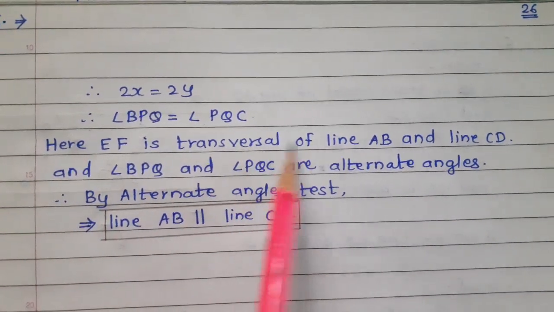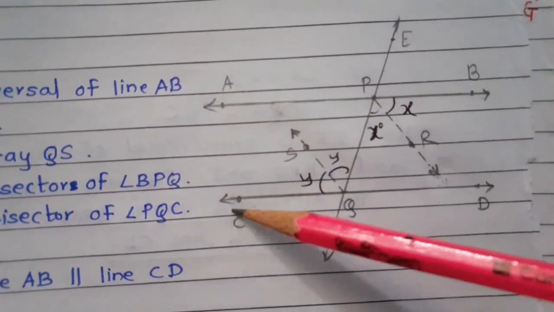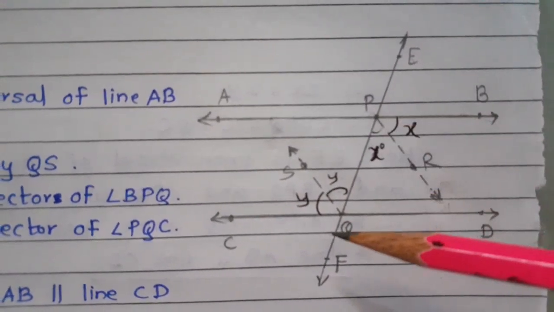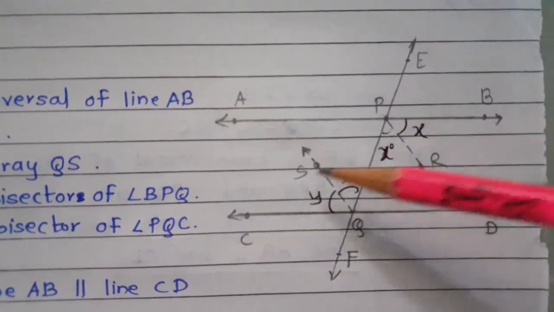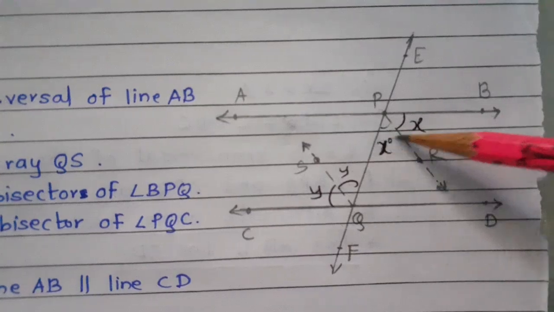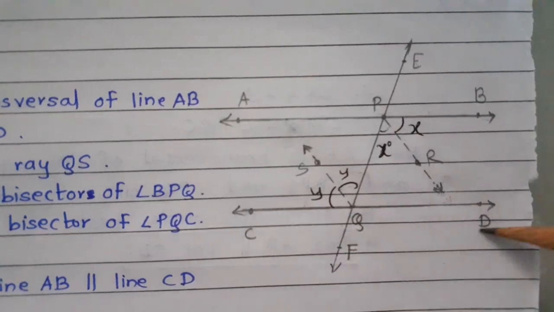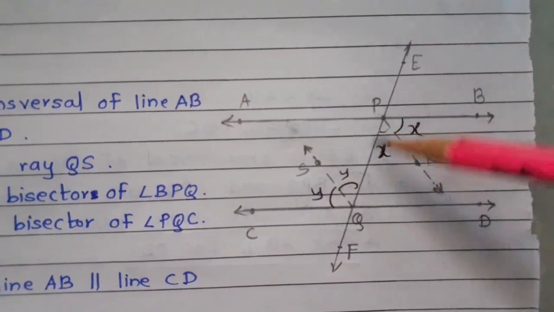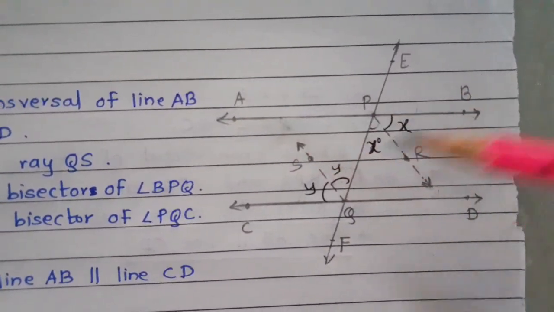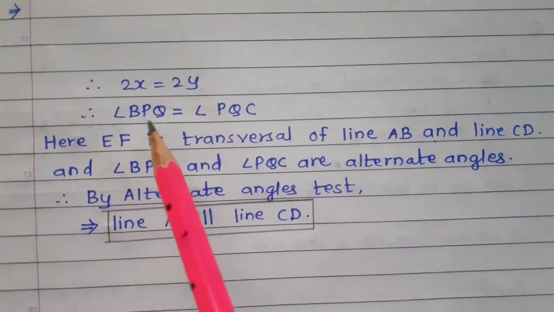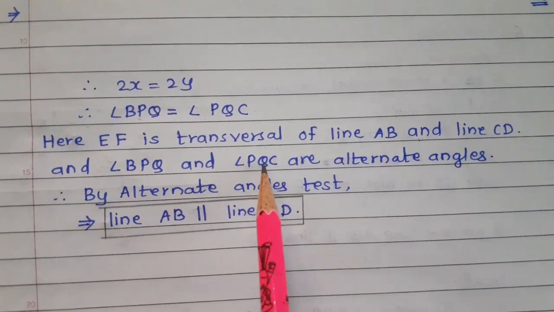Here EF is a transversal of line AB and line CD, and angle BPQ and angle PQC are alternate angles. See, the whole angle BPQ and the whole angle PQC are alternate angles. Two lines are given, line AB and line CD, and EF is their transversal. Then angle BPQ and angle PQC are equal, and they are alternate angles. Then by the alternate angle test we can say that line AB and line CD are parallel.